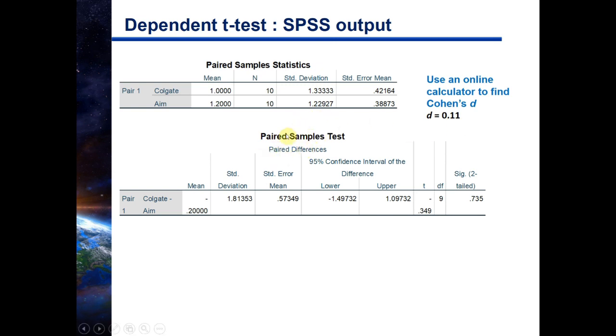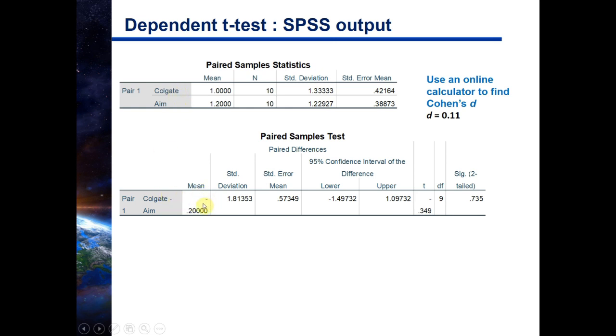This is reflected when we look at the actual t-test results. And so what you would want to do is you could look here first. This tells you the difference between the Colgate group and the AIM group. So you can see it's very small, right? It's negative 0.2. Whether it's positive or negative just depends on whether you did Colgate minus AIM or AIM minus Colgate.